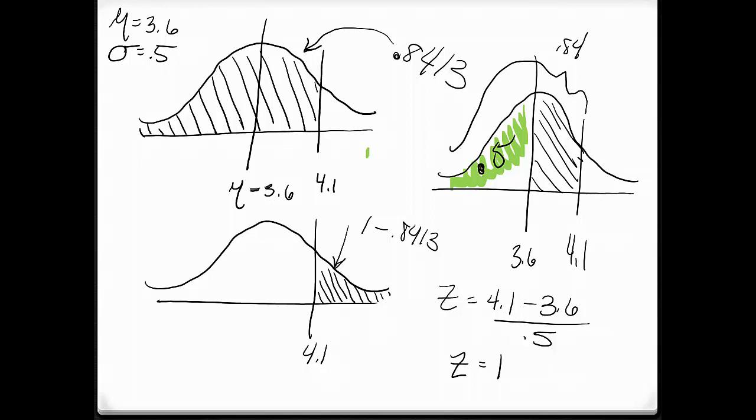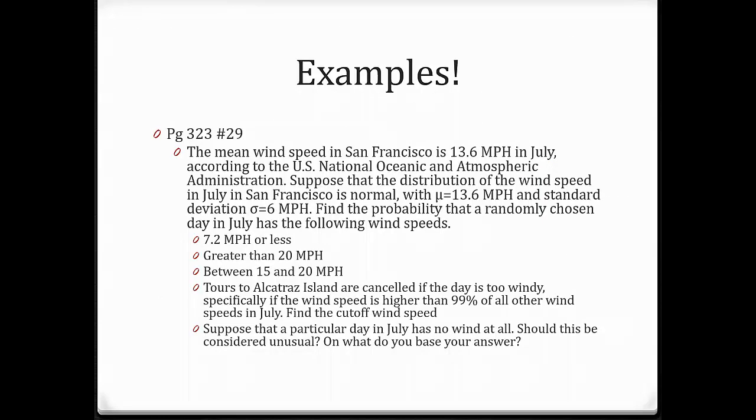So we have a 0.34 probability, not percent, that we would make between 3.6 and 4.1 million units. Okay, let's look at the next example.